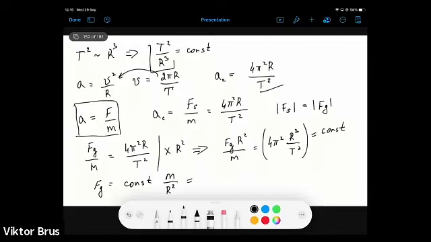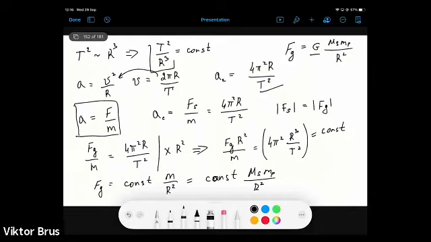So we can write that we have some constant times mass of the sun times mass of the planet, divided by r squared. And if we compare this with the equation for the gravitational force, this constant is actually the gravitational constant.